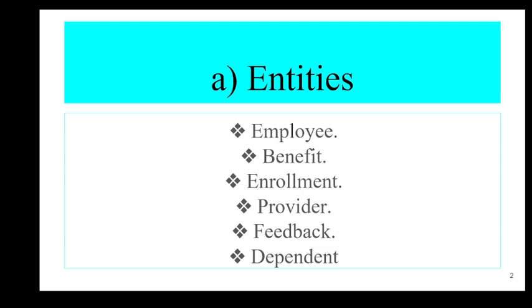We have an employee and the benefit which he or she is going to get. We have the enrollment and the provider who is going to give the benefit, feedback for scores and recommendations, and then we have dependent, which means this is the one who can inherit.